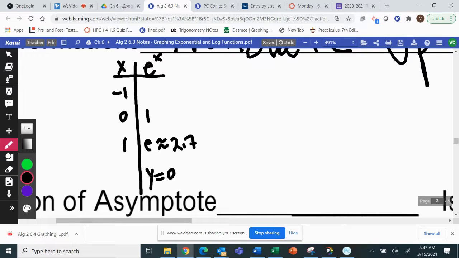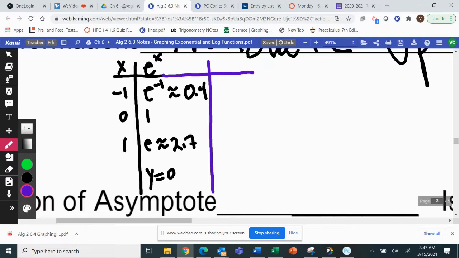When I plug in -1, I get about 0.4. You were supposed to memorize those last time we did the e's, so you don't have to look them up. Now this does have a transformation on it, and it is going up. So that is to the y's. We're going to add 2. So we'll have 2.4, 3, 4.7.